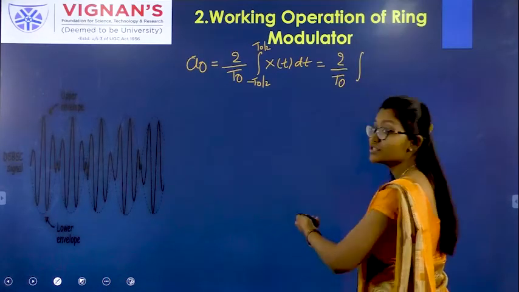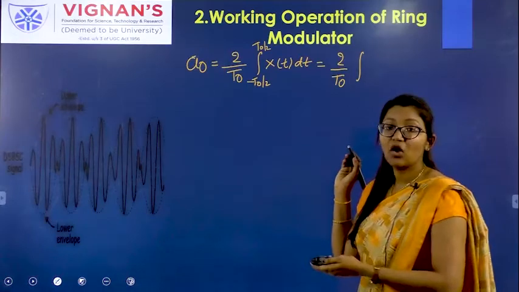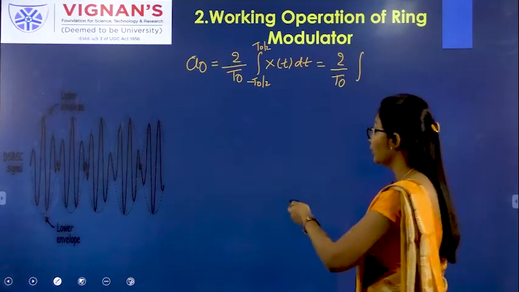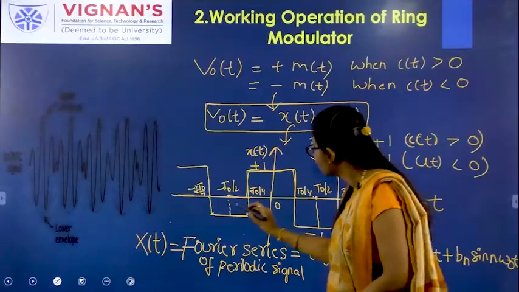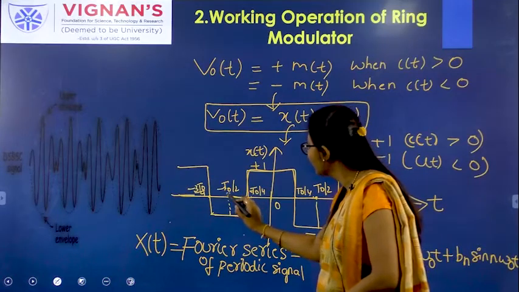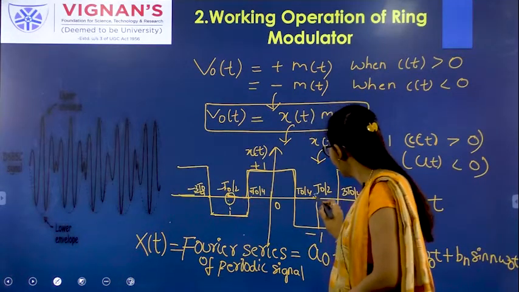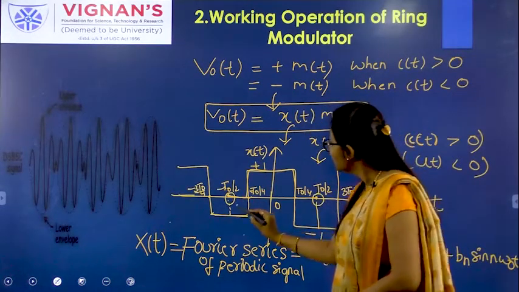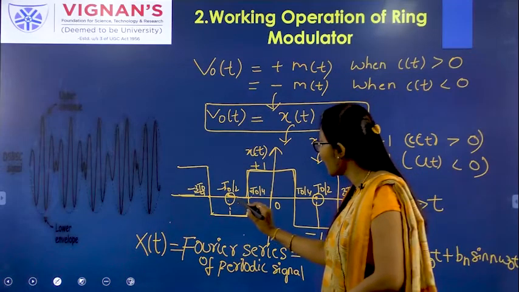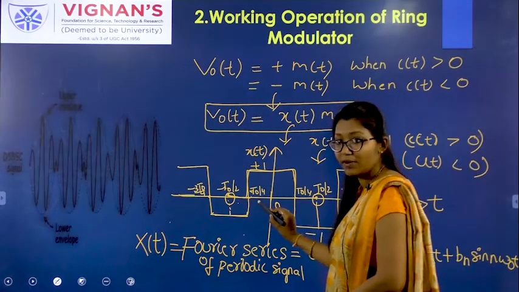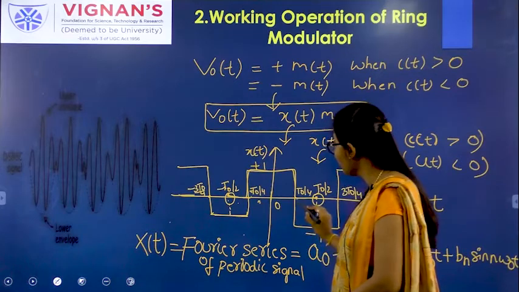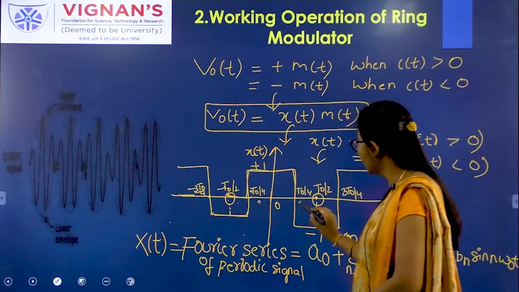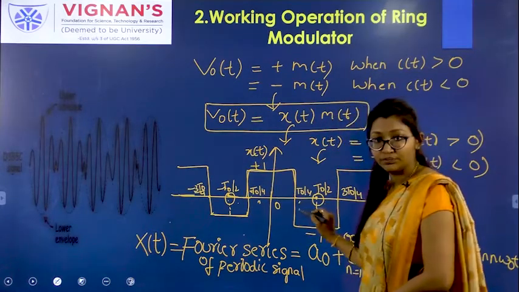integral. If you see here, from minus t naught by 2 to t naught by 2, we have three parts. The integral we can consider as minus t naught by 2 to minus t naught by 4, minus t naught by 4 to t naught by 4, and t naught by 4 to t naught by 2, right?